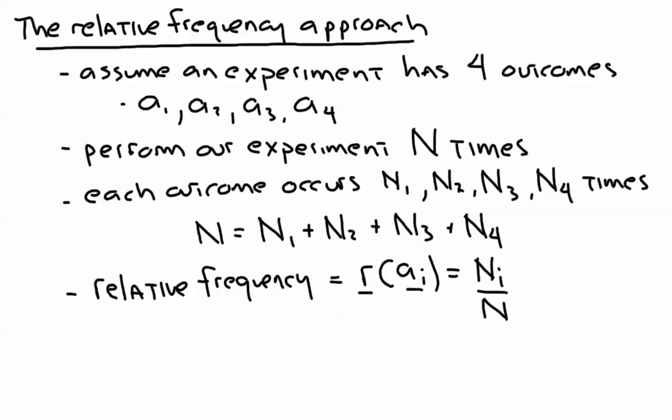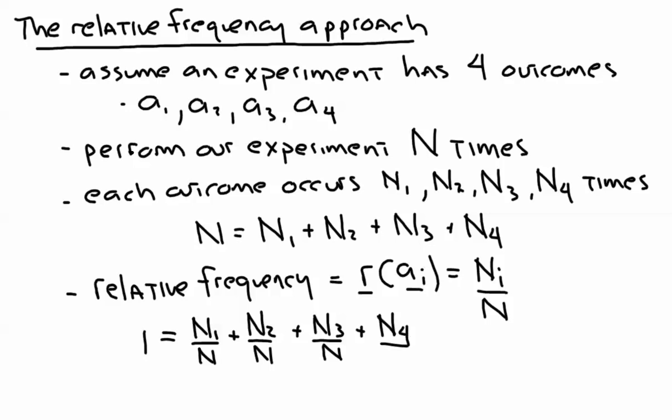Another way to write that is that 1 equals N sub 1 divided by N plus N sub 2 divided by N plus N sub 3 divided by N plus N sub 4 divided by N. All right?